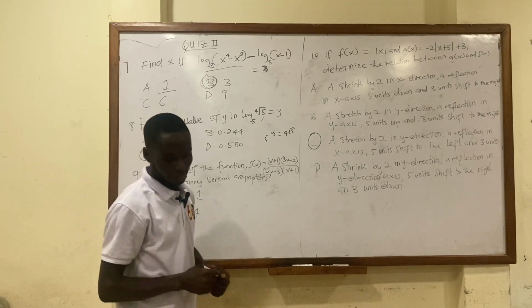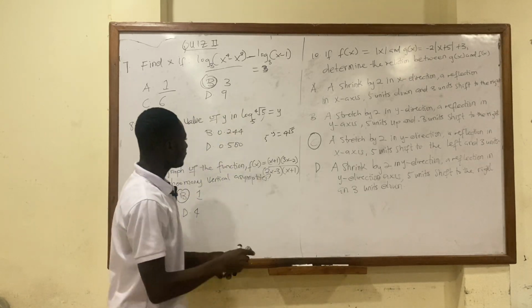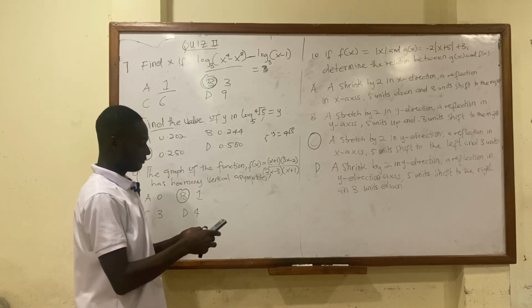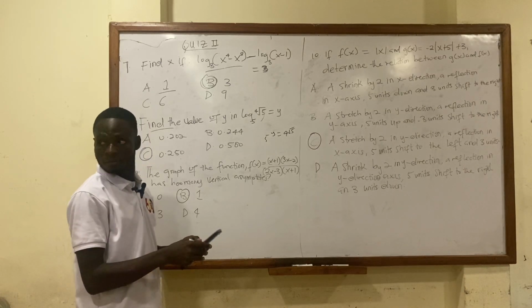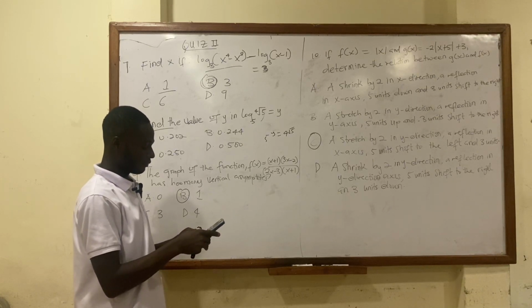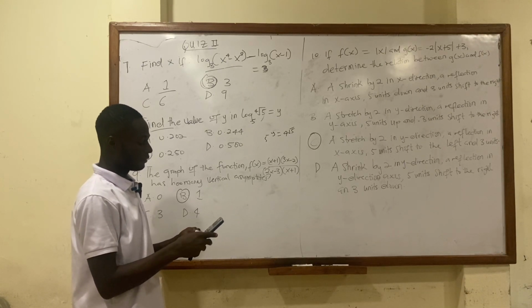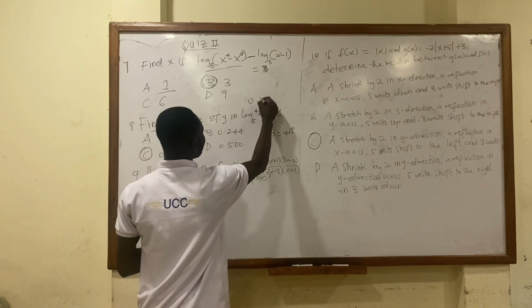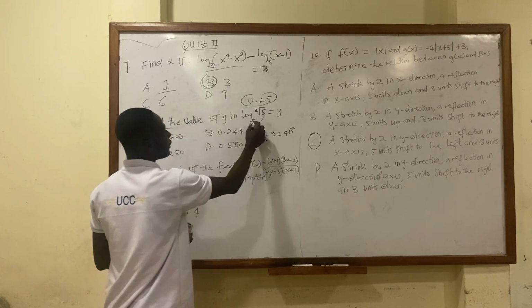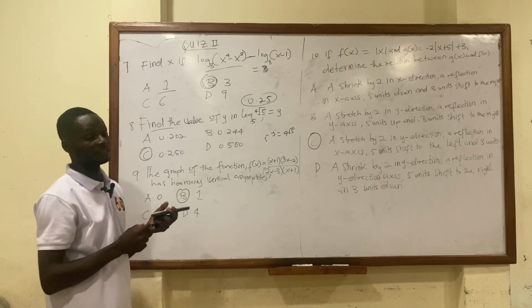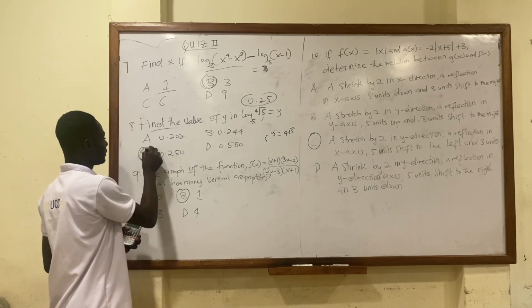So let's punch this and see. Log base 5 of the fourth root of 5 is giving us 0.25. So this means our y is 0.25. So the option is C.